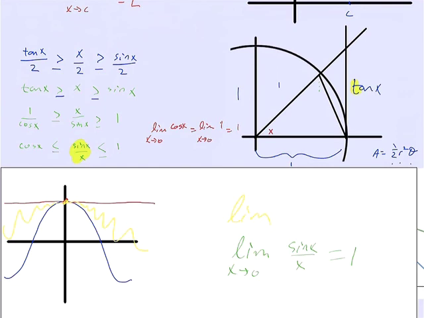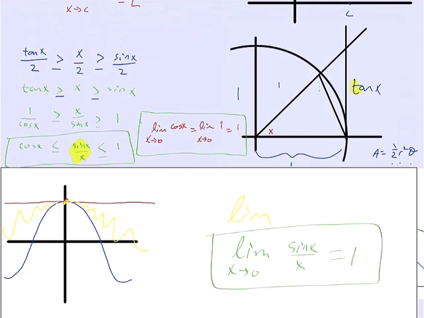We've got the two conditions. Sine of x over x is in between two functions, cosine of x and 1, within the neighborhood of 0. And those two functions both have a limit as x approaches 0 of 1, which means that the sine of x over x must also have a limit as x approaches 0 of 1.